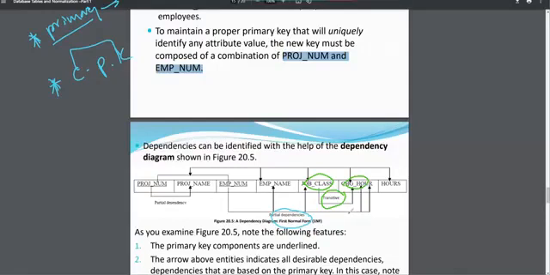Why? They are not related to the composite primary key or the primary key. So here, job class is not a primary key, and charge hour is also not a primary key.